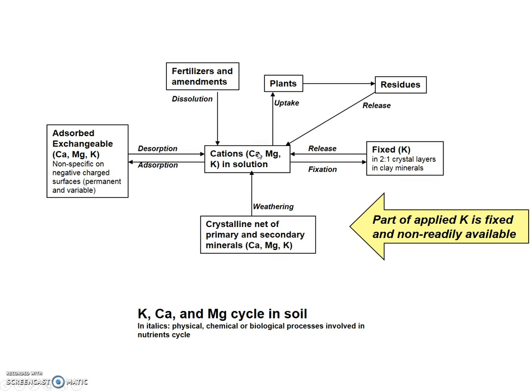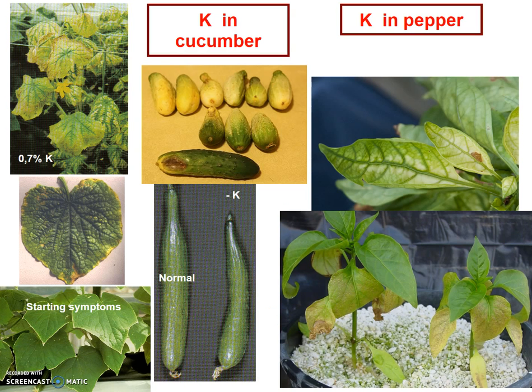It can also be reduced by fixation into 2:1 crystal layers in clay minerals, and although it's very slow, there can be some release of this fixed potassium. This picture shows some of the symptoms of potassium deficiency in plants.